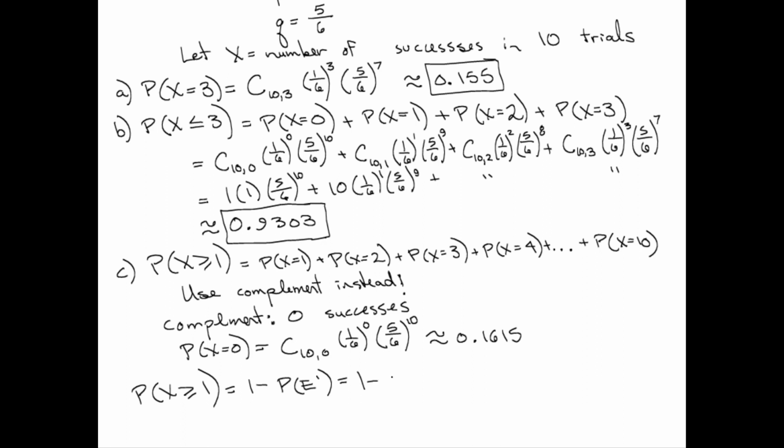So we take 1 and we subtract the 0.1615 that we just found, and so you should get 0.8385.